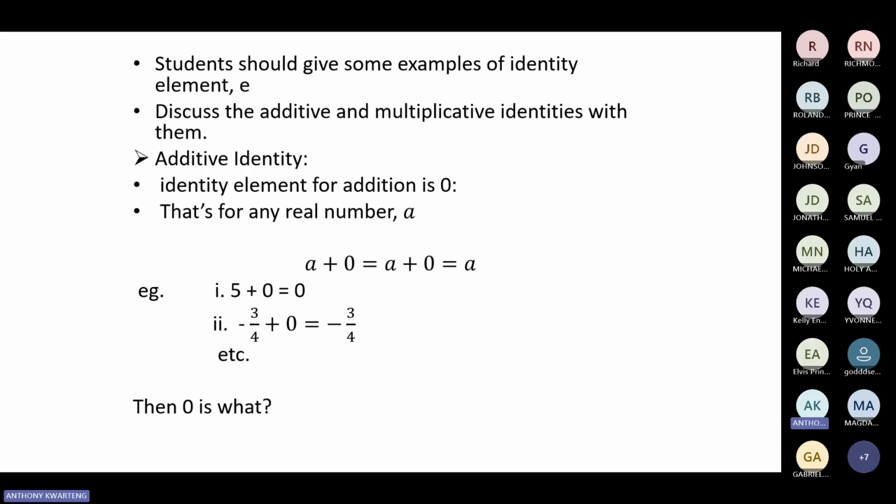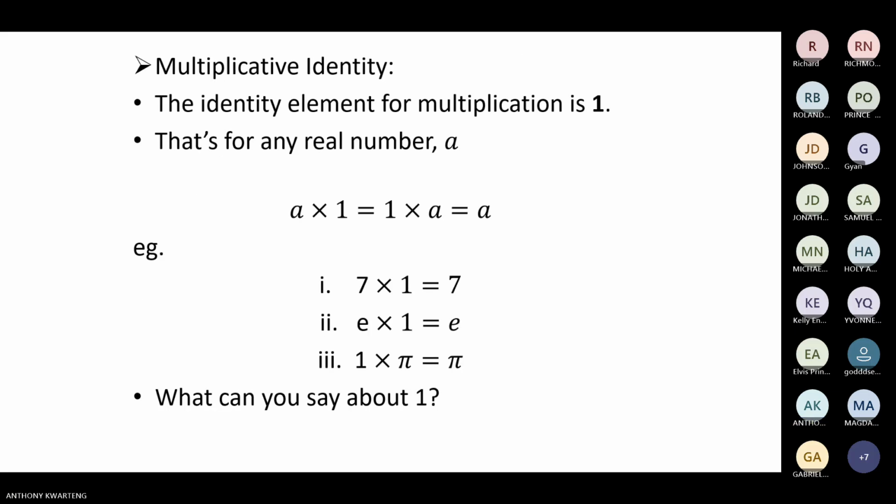Yes, sir. Now, for example, 5 plus 0 is 5. 0 plus 5 is also 5. And negative 3 over 4 plus 0 is what? What is the result? Are you here?